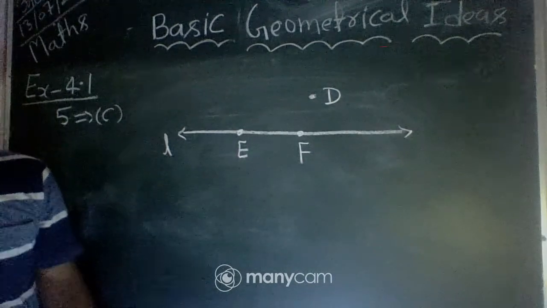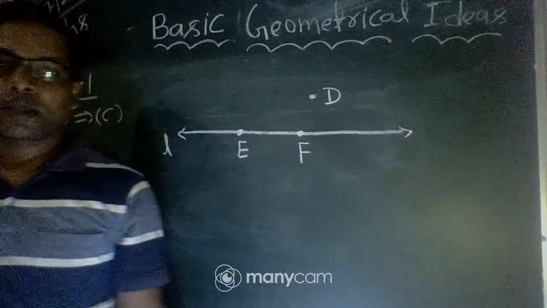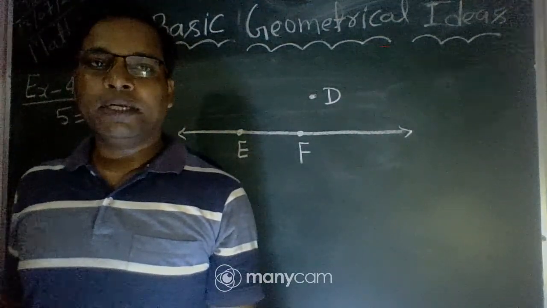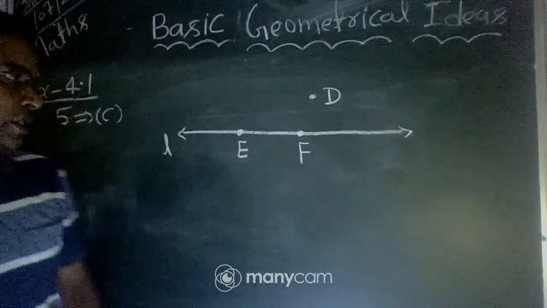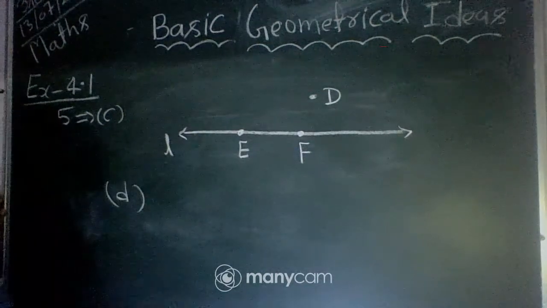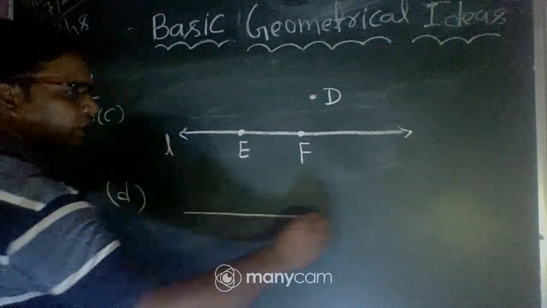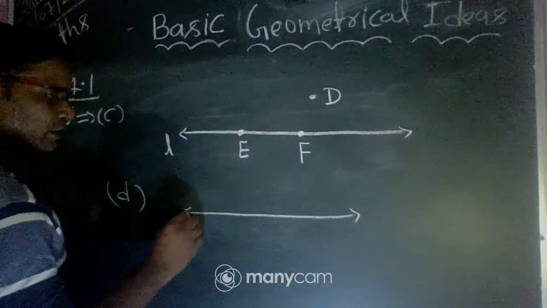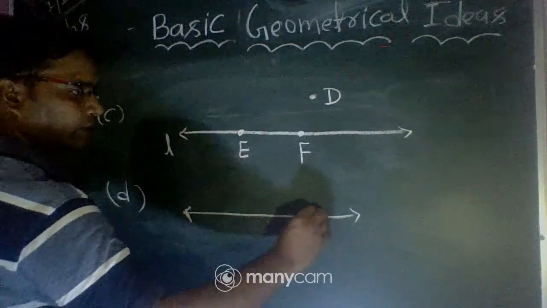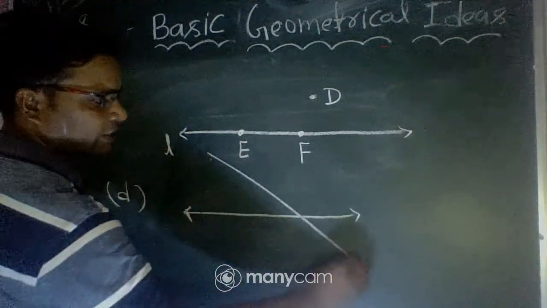Now the next part is D part: OP and OQ meet at O. Draw line OP and line OQ meeting at point O. So we draw a line, and take another line like this.